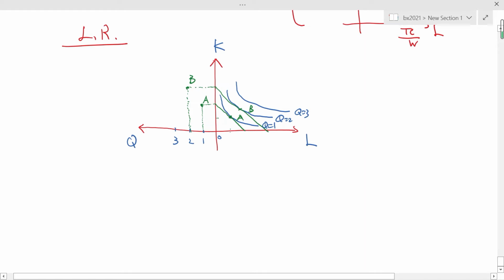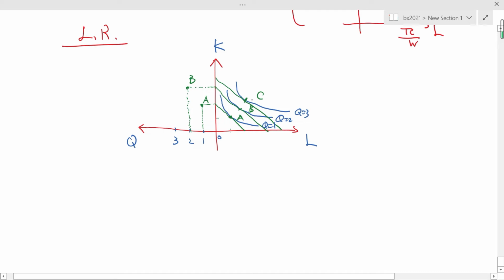Now let's keep going on. Suppose I want to produce 3 units. That means I have to keep shifting this isocost out such that it will be tangent with the Q equal to 3 isoquant. So that's bundle C, and the total cost is the vertical intercept.